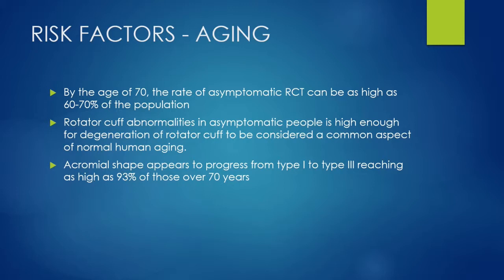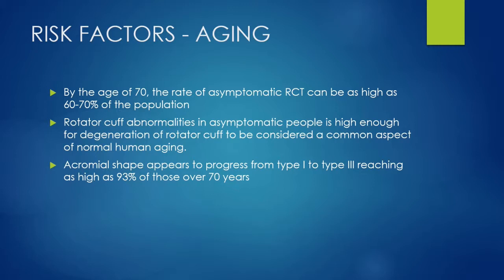And so they go on to conclude that the incidence of the 3 acromial types varied between patients with and without symptoms of mechanical impingement. The incidence of the 3 acromial types varies with respect to the age of the patient and whether he or she has symptoms of mechanical impingement.